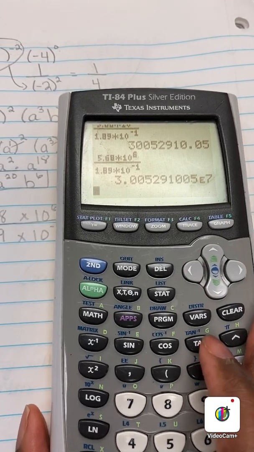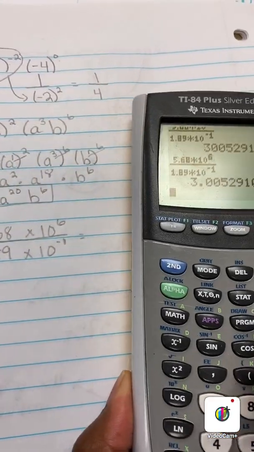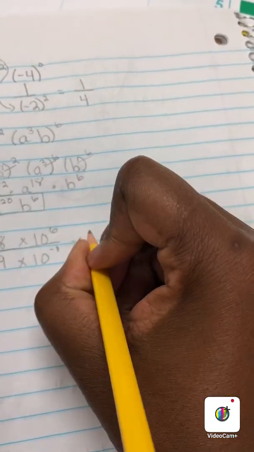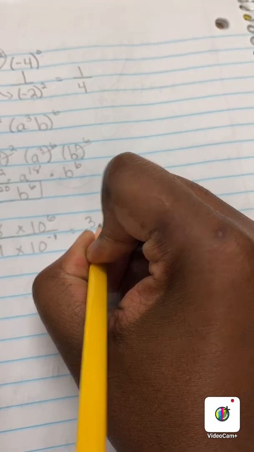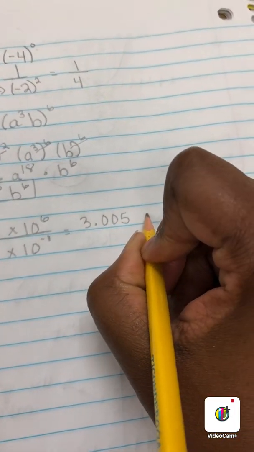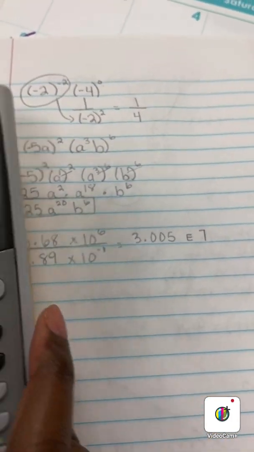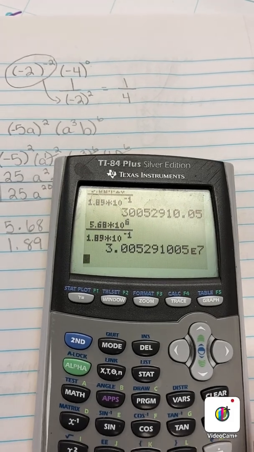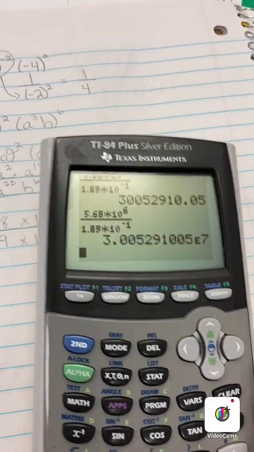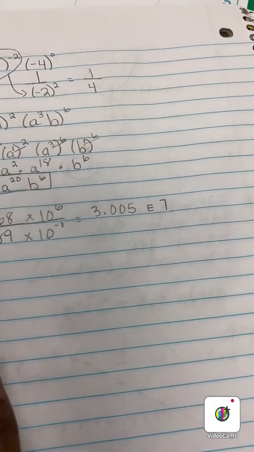So we're going to abbreviate some of our answer. We have 3.005 E7. That's what our calculator shows, E7. Well, what that means is we're going to take our standard number and move our decimal 7 places.